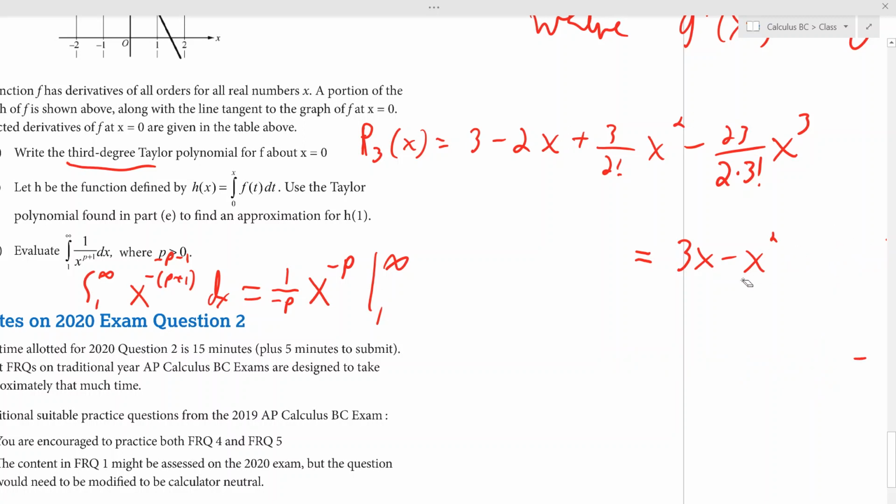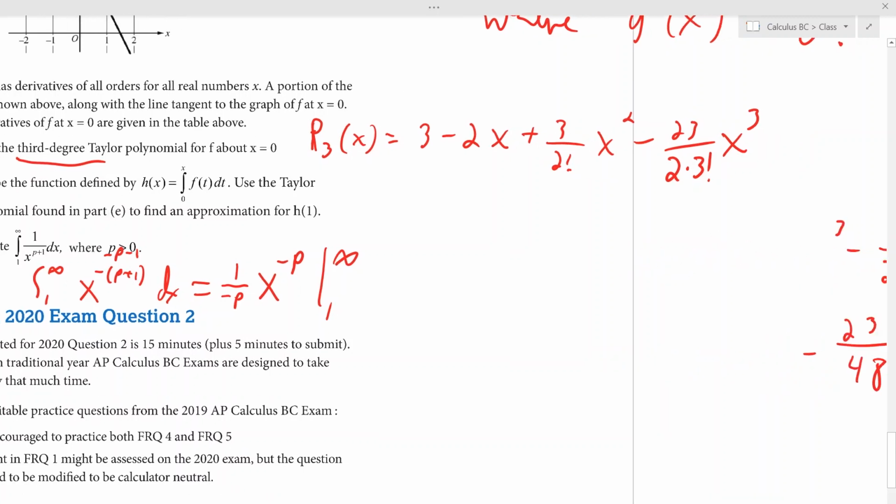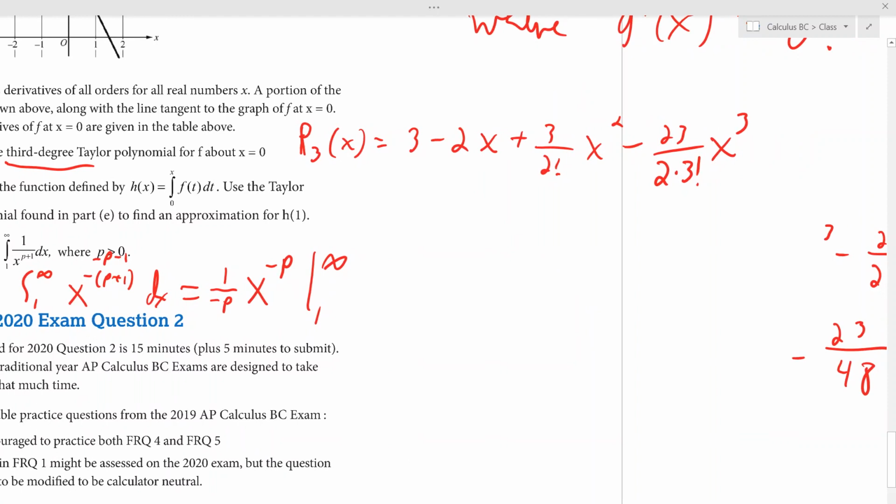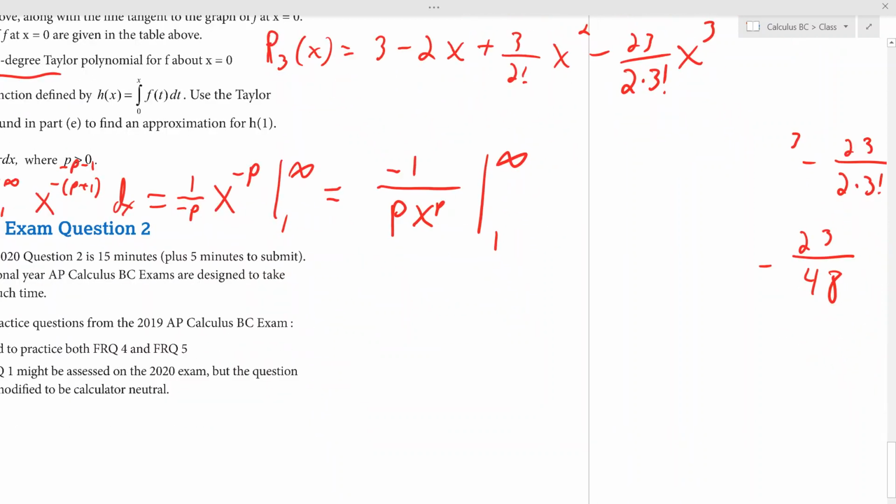And it's possible an integral like this could diverge, but because p is greater than 0, negative p is a negative number. So that really means this turns into negative 1 over p x to the p from 1 to infinity. Technically, I guess we should put in a b here, and I'm being lazy, writing a limit as b goes to infinity, right?